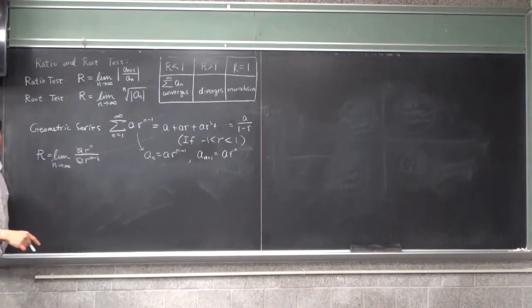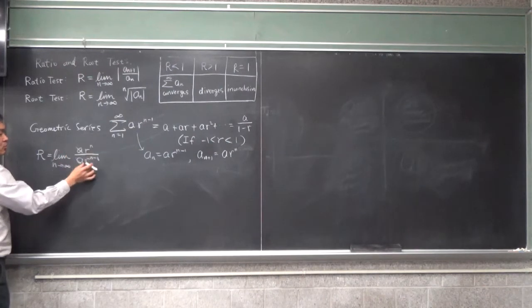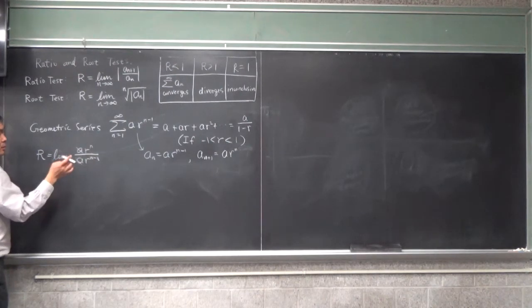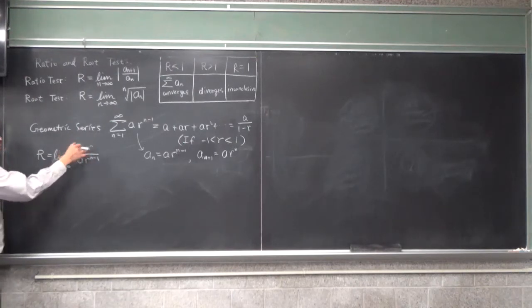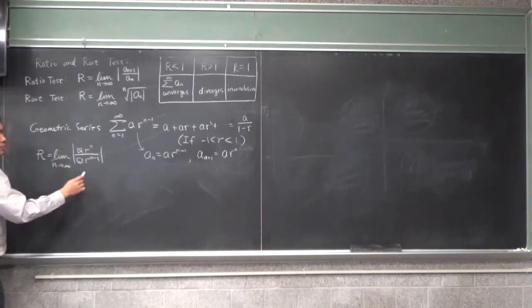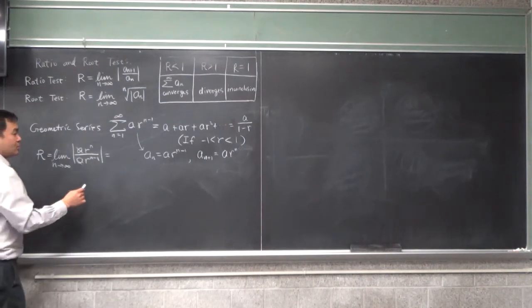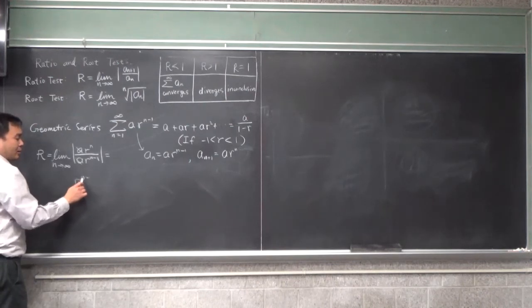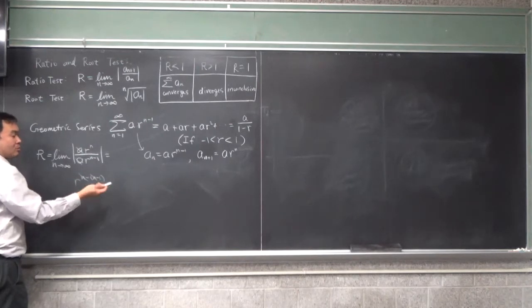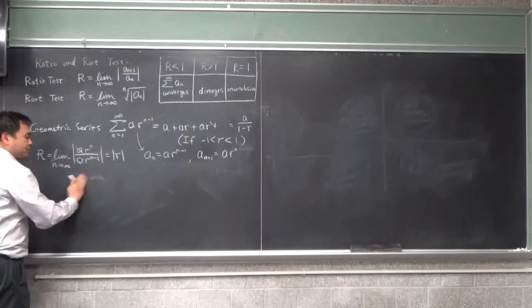When you divide exponential forms with the same base, you just subtract the exponents, right? So what is this value? It's little r to the n minus n minus 1, which n cancels, and minus of minus is positive 1. So you get little r absolute value.